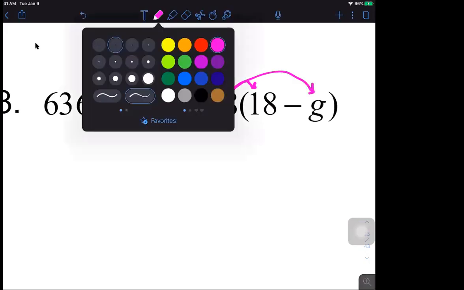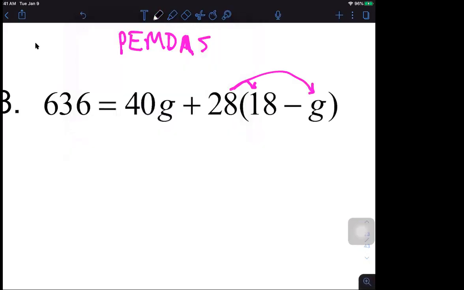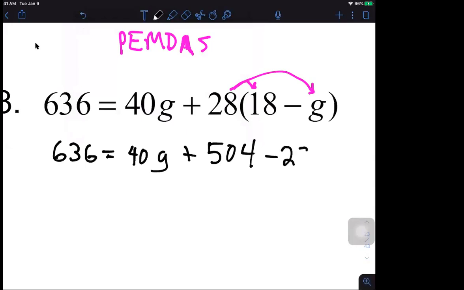Is somebody able to tell me what is 28 times 18? 504. You said 504? Yeah. So you get 504 minus 28g. Thank you.